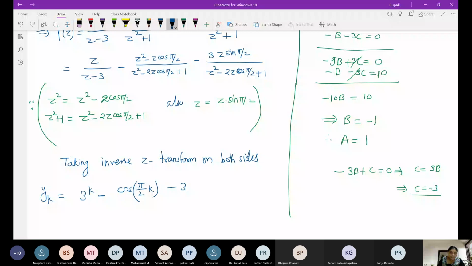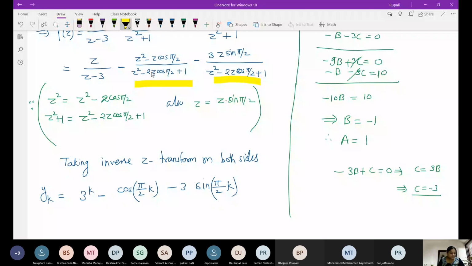Is that right? Z transform of cos pi by 2k is this one. And Z transform of sin pi by 2k is this one, 3 outside, so 3 times sin pi by 2k. And Z transform of 3 raised to k is z upon z minus 3 only.